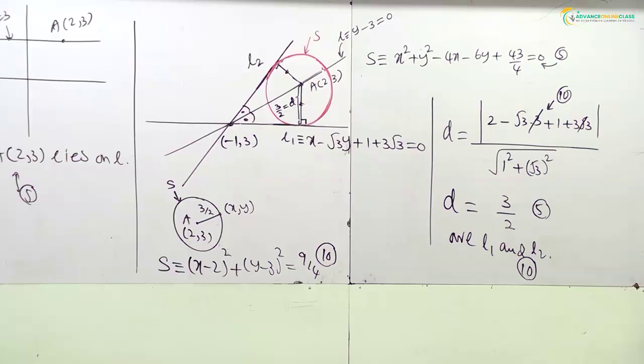Next one. From a point P on the line L equals 0, two tangents are drawn to the circle S so that they are perpendicular to each other. All right. From a point P on L equals 0. Okay.